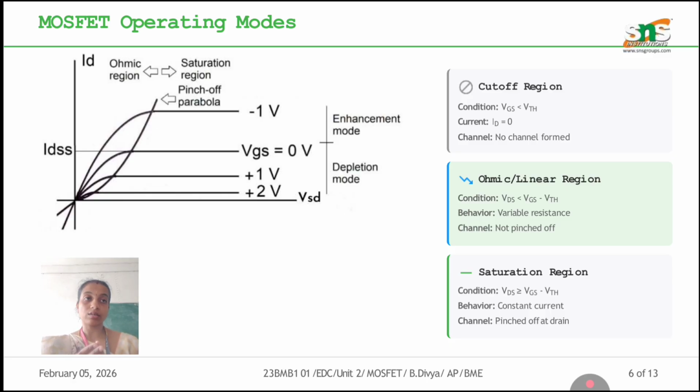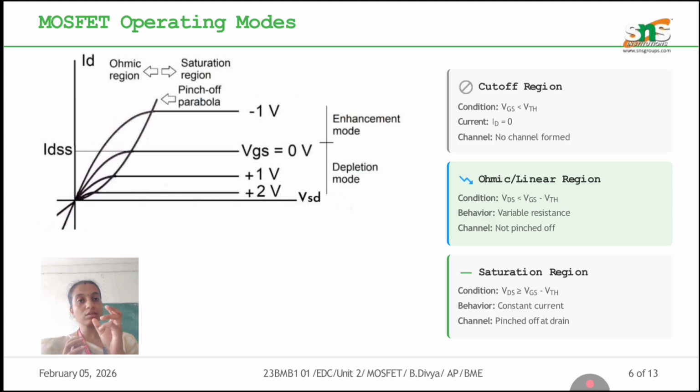Cutoff region is where no current is found, where the supply voltage is zero, where no voltage is given. There will be a minimum amount of voltage, which is less than the threshold voltage, when the gate source voltage is very minimum compared to the threshold voltage.